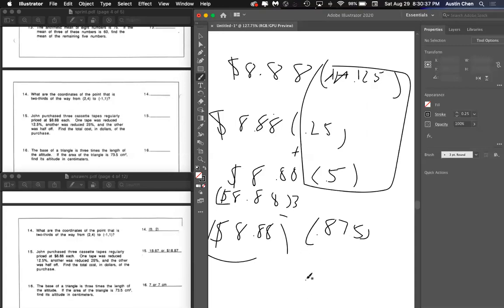So 0.875 is just 7/8, right? So that'll be 777. You're taking off 777. And then 888 times 3, that would be 2664. And then you take away 777.